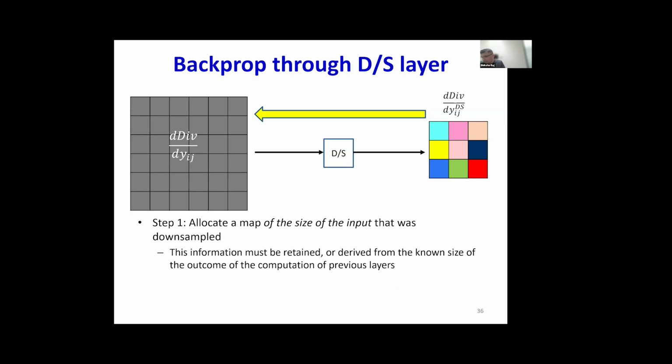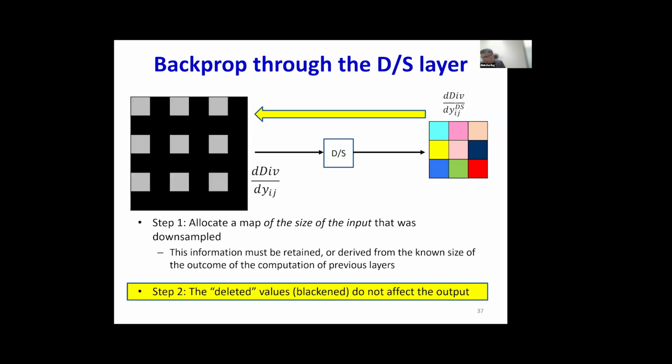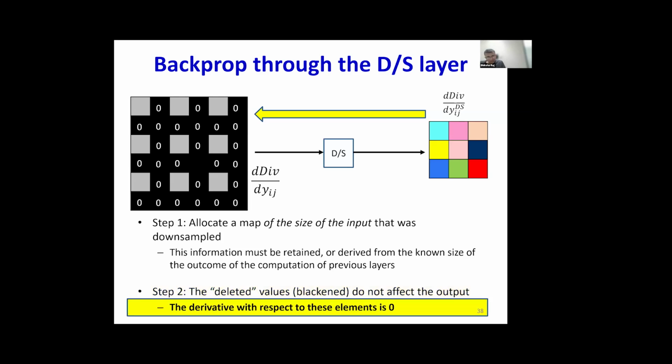You have to retain the size of the map, or it can be derived from the known size of the outputs of the previous layers. And then we know only these grayed elements are going to have non-zero derivatives. The blacked out elements never influence the output. So what will their derivatives be? 0, right? So I can just stick zeros over here.